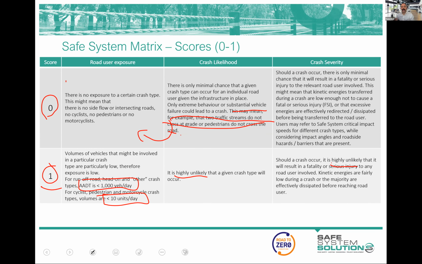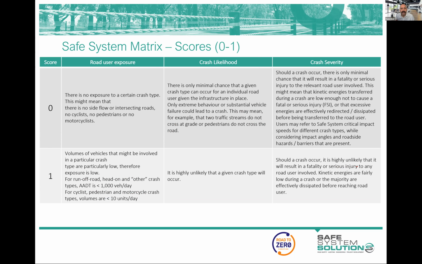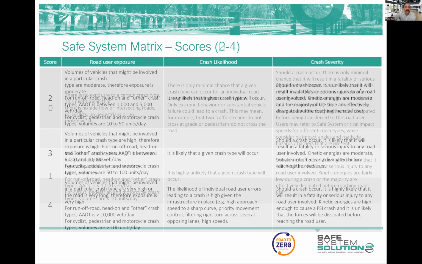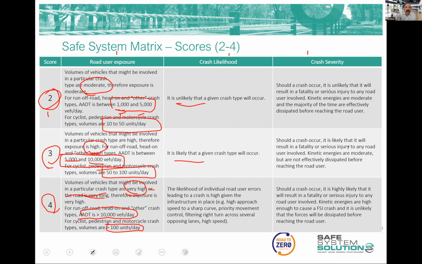So that would be like energy would run along a barrier or be absorbed by a cushion or something like that, crash cushion or something like that. Let's see what a 2 is. Should a crash occur, it is unlikely that it will result in fatality or serious injury. A 3 is that it is likely, and a 4 is highly likely.